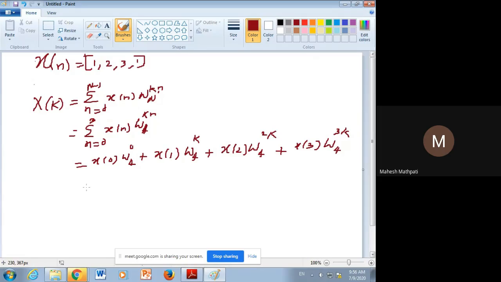I have just expanded this. Now we just substitute the value of x of 0.